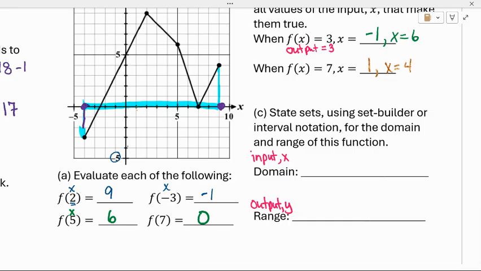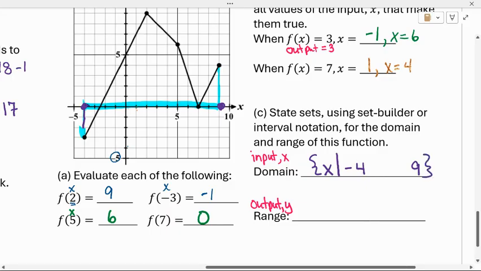So this graph runs from what to what? What's the smallest it runs from? -4. Good job. And what's the largest it goes to? 9. We have to write this as a set. So we're going to use that little squiggly bracket and we write x such that, so you said it went from -4 to 9.